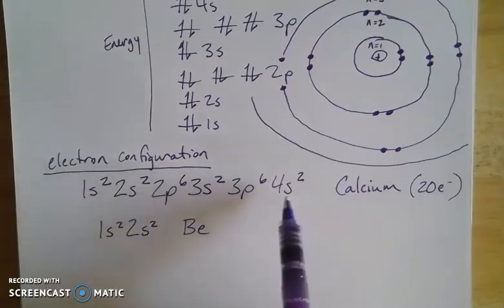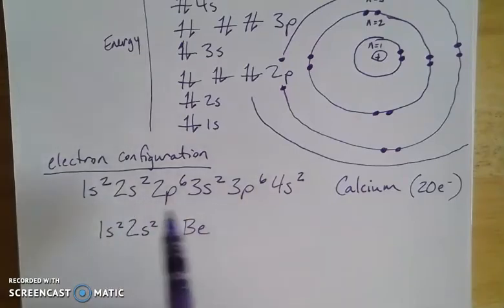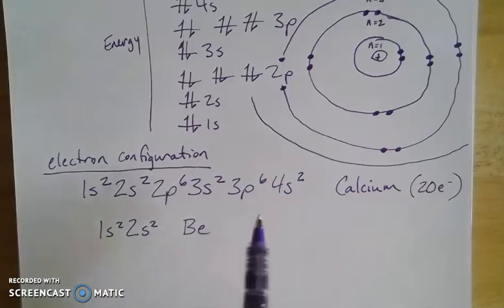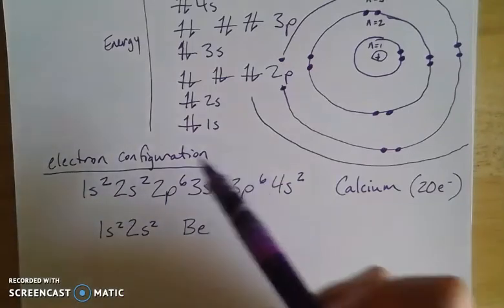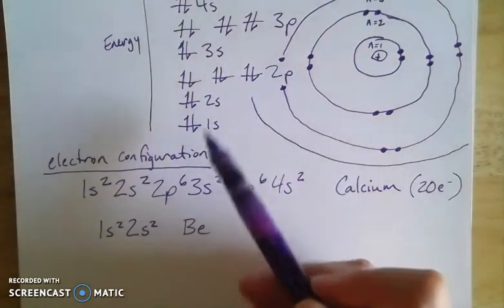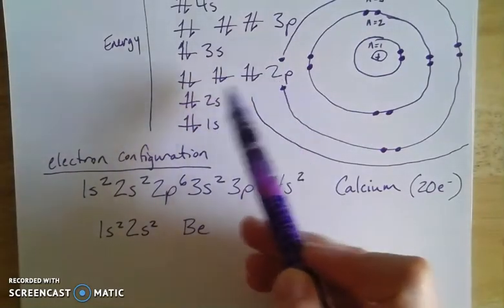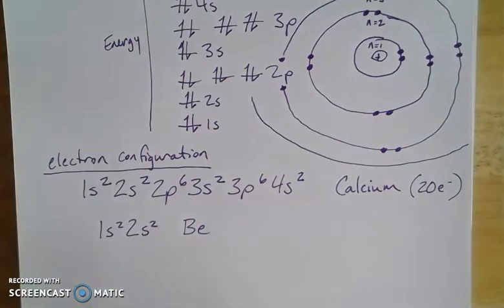Then using the Aufbau principle, we can figure out the order of these different orbitals in terms of their energy, and then we can fill in the electrons based on how many different types there are. Again, S has 1, P has 3, D has 5, and F has 7.